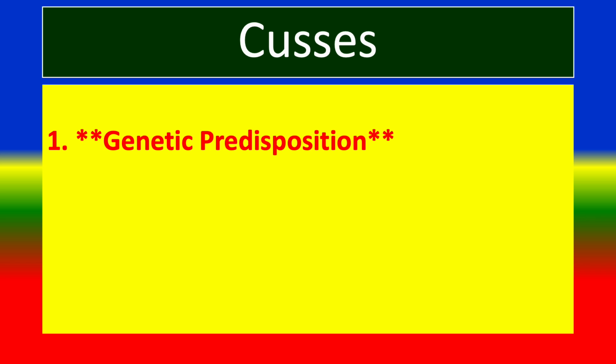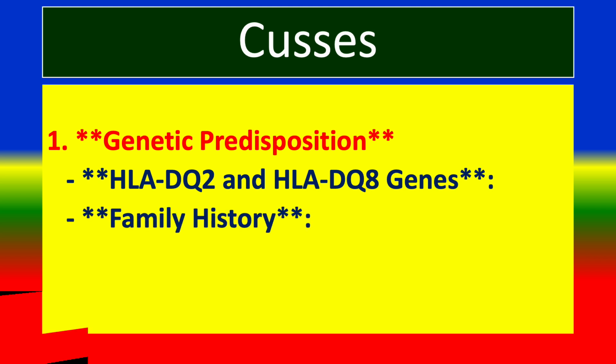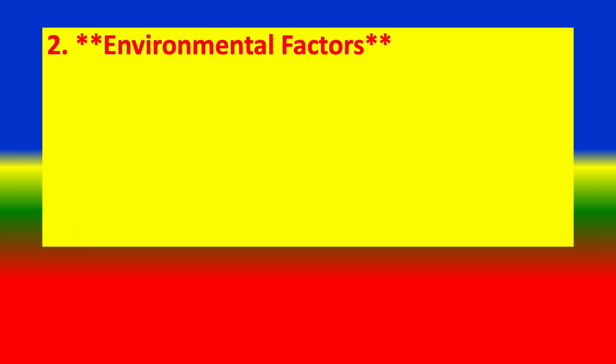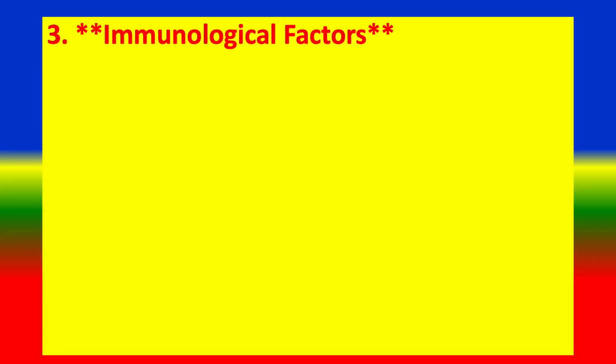Causes. 1. Genetic predisposition, HLA-DQ2 and HLA-DQ8 genes, family history. 2. Environmental factors, gluten intake, infant feeding practices, infections. 3.